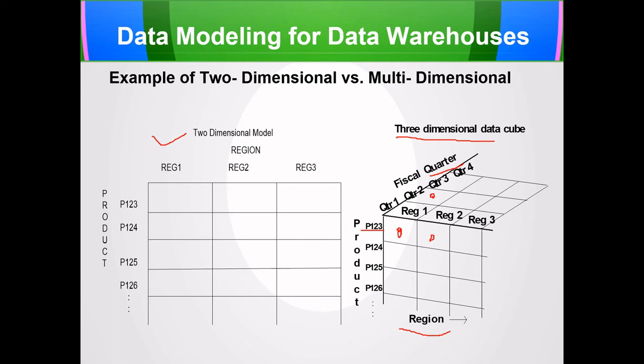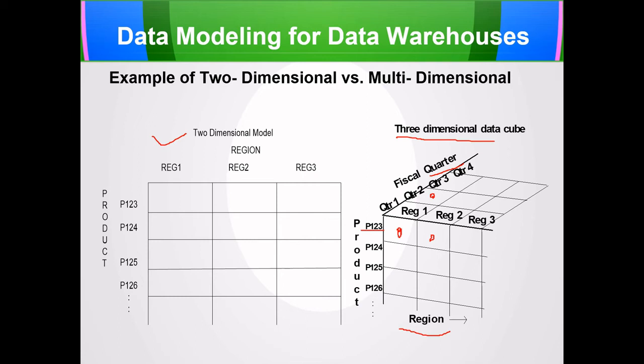So this value will contain here the total sales of product 1, 2, 3, right, for region 1, right, for region 1 and for all the quarters. This cell will contain the total sales of product 1 to 3 in region 2 for the year, right?